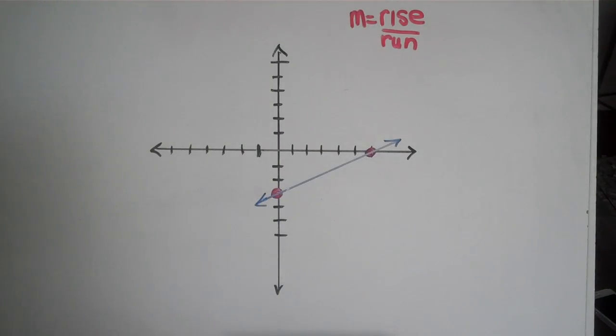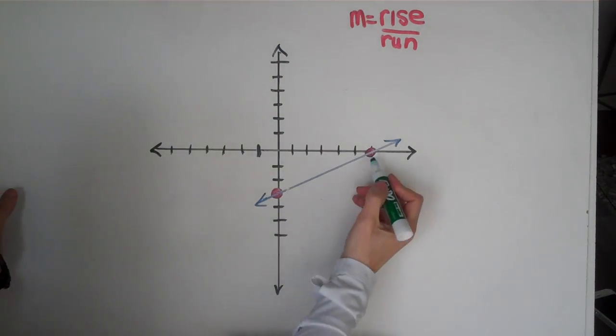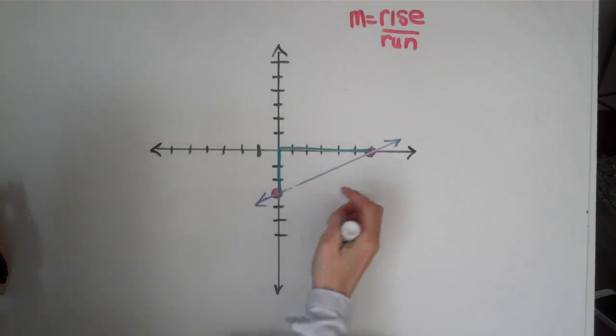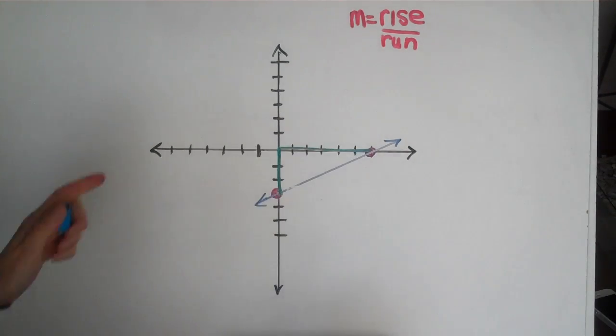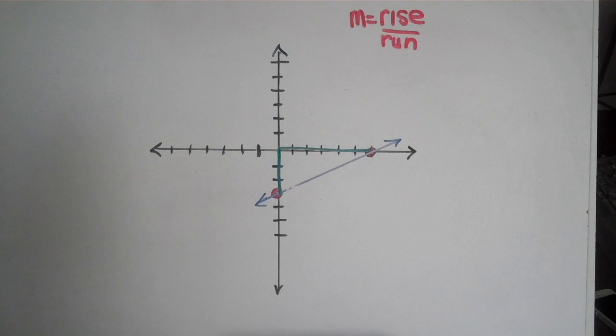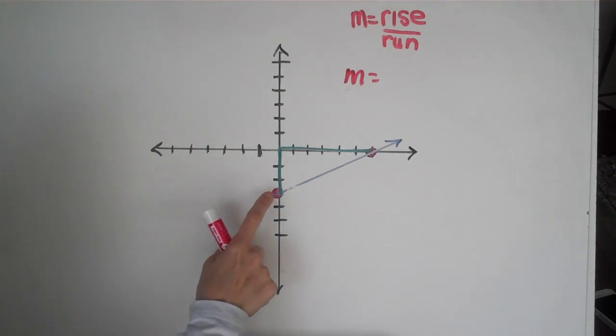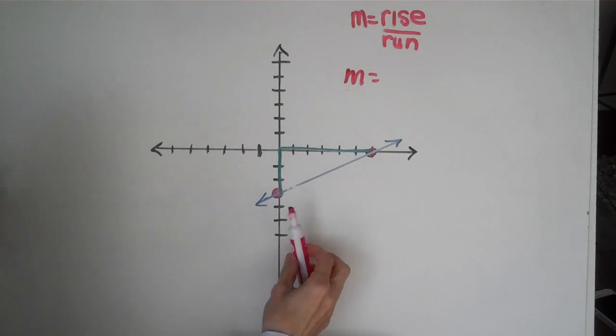Here's another example, the rise over the run. We're going to highlight where these 2 points meet, where the 2 points come together, just like a multiplication chart. And we have our M equals, now the rise, oh, and also this is a positive line, right?